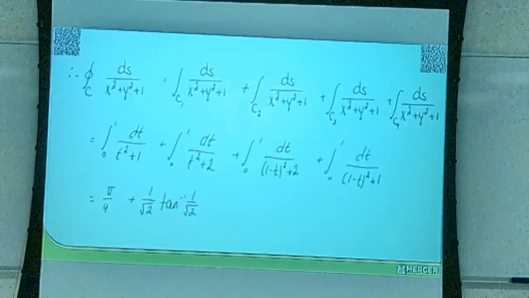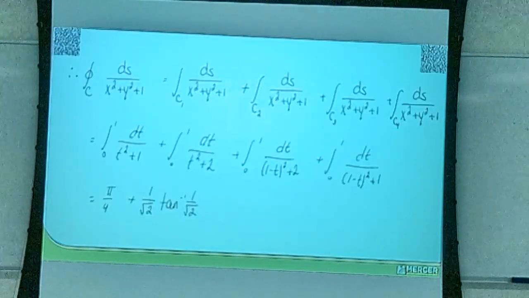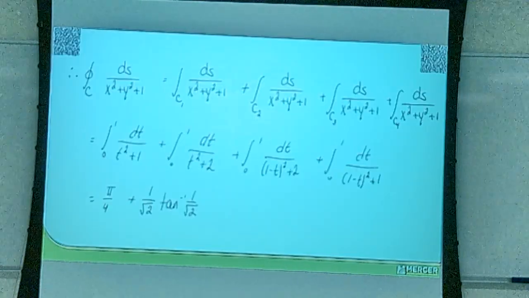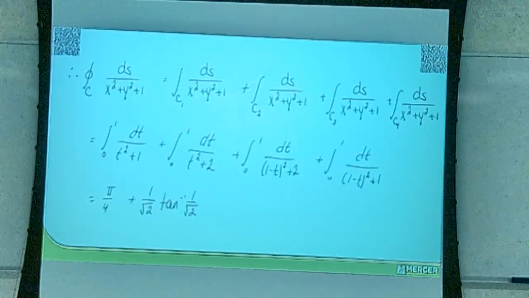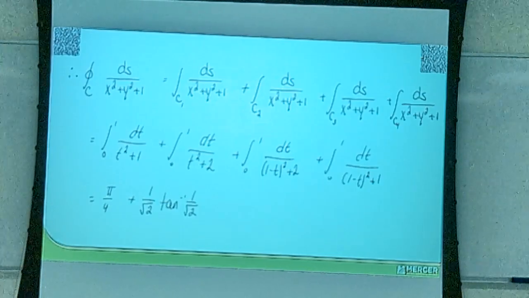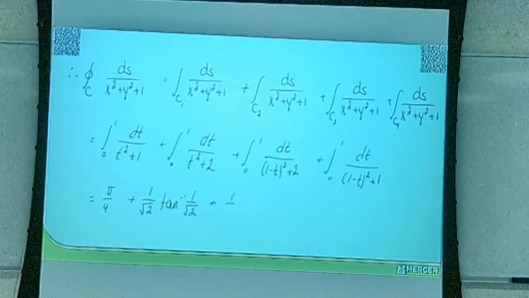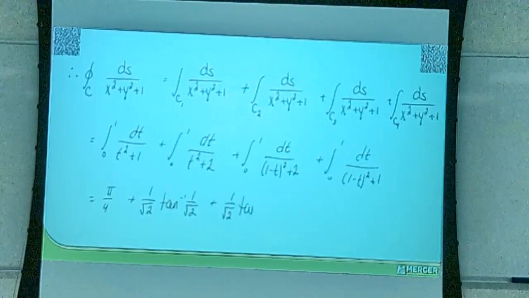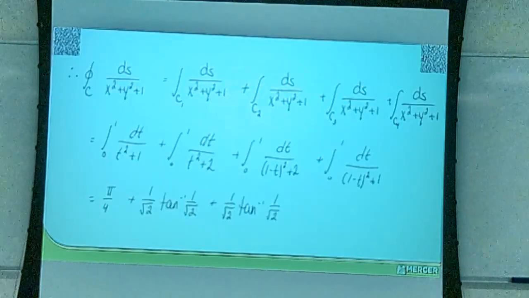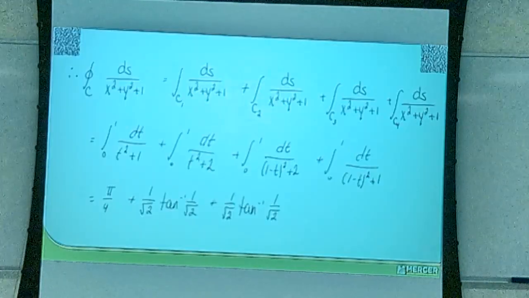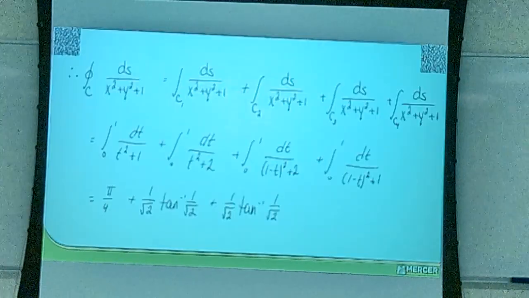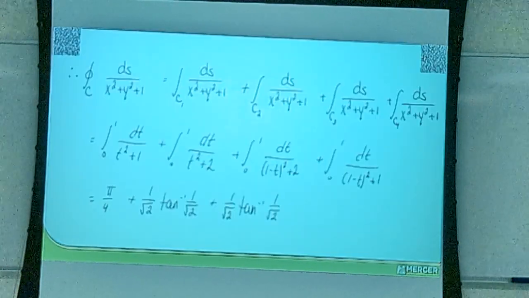So negative 1 over root 2 inverse tangent of 1 minus t over root 2. So we do the same thing as the previous one, just with 1 minus t instead. Yeah, it's identical when you evaluate it. Right, because what's 1 minus 1? 0.